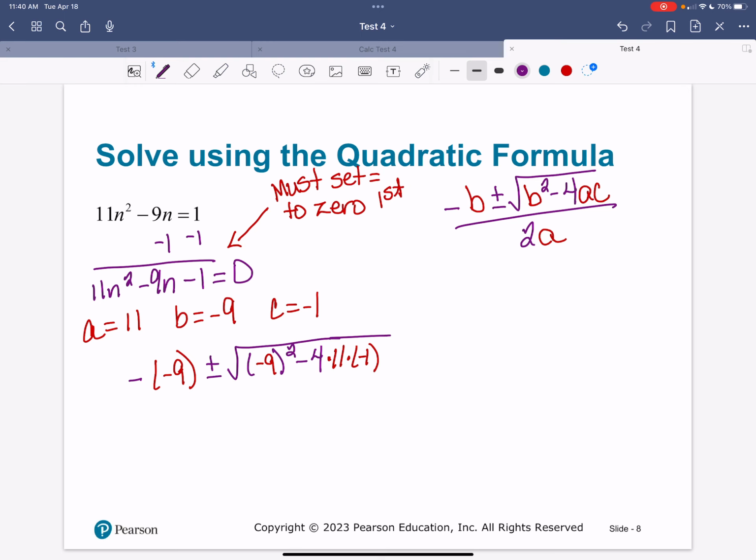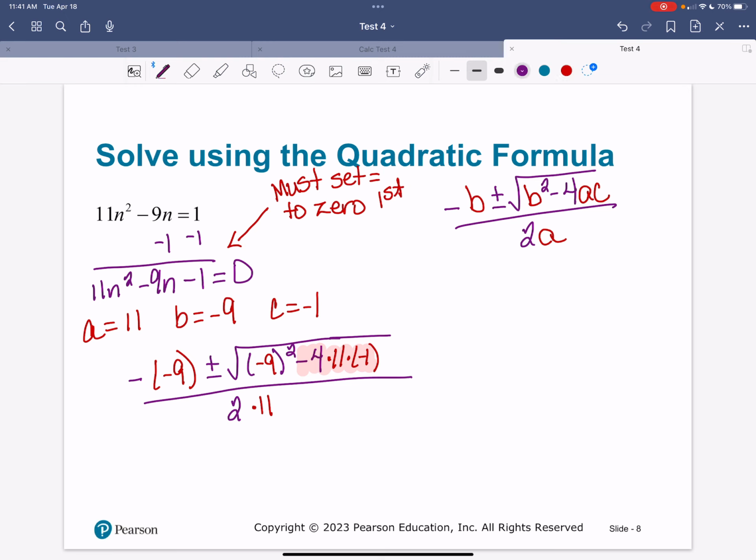And all of this is over 2 times A. Now, we're going to deal with what's inside the square root first, and inside the square root, we're going to deal with this right here. So I have negative 4 times 11 times negative 1. What is that? Positive 44. Good.